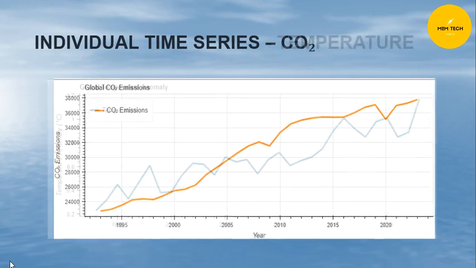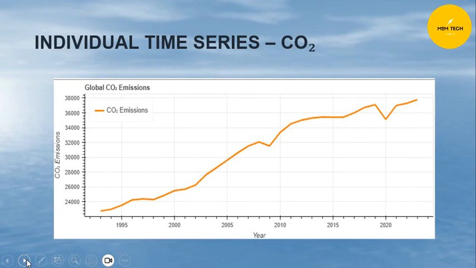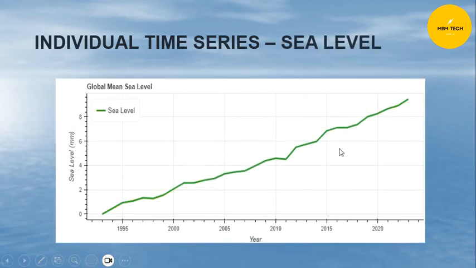And if you can relate here, you see in 2020, the temperature got lower a little bit, right? But when you go here to the sea levels, it didn't affect the sea level because it was just a short time. So we know that to lower the sea levels, we need to get the temperature lower for a longer period of time.